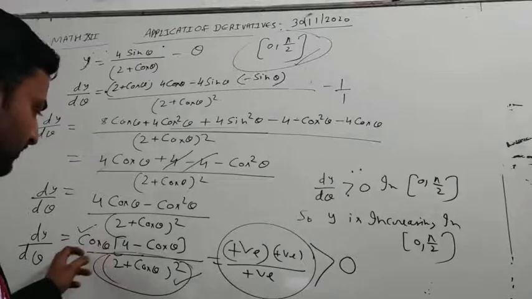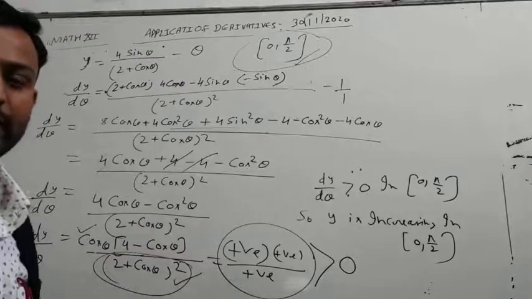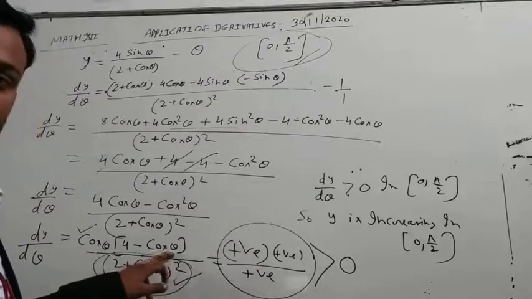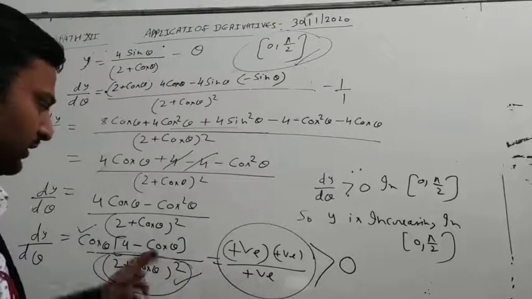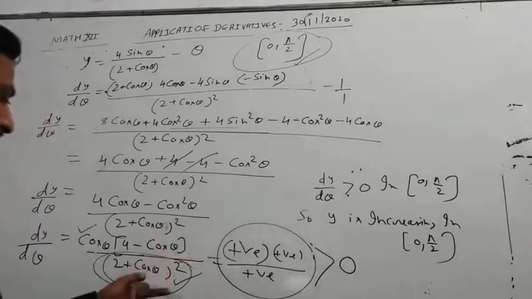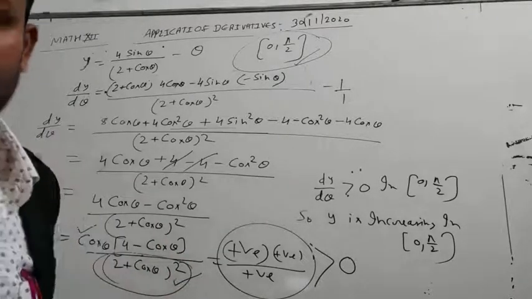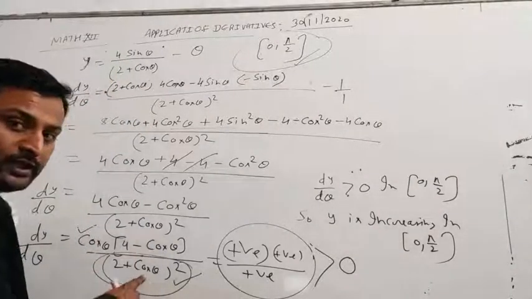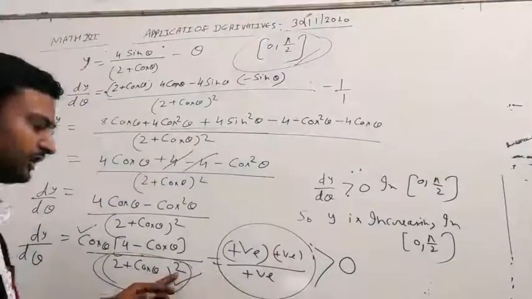So cos theta is positive in the first quadrant, and this is 4 minus cos theta, and range of cos theta is -1 to 1. So if we are taking any number between this and when subtract from 4, it will be always positive. So this quantity will be again positive. So the numerator is positive, and in the denominator we are seeing that this is 2 plus cos theta, and the range of cos theta is -1 to 1. So if you are taking any value between that range and putting here cos theta, this term will be whole positive because there is square.